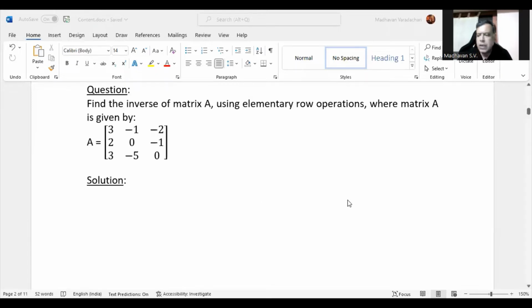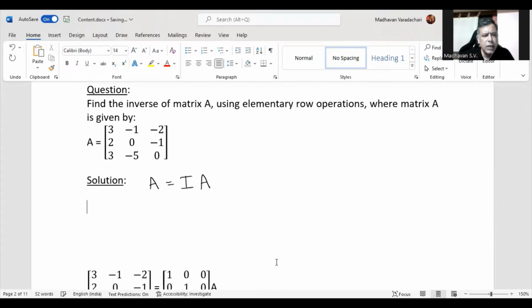For the solution, first of all, we know that any matrix can be defined as the identity matrix of corresponding order times A. The identity matrix, or unit matrix, if I multiply it with this matrix, I will get the same matrix.